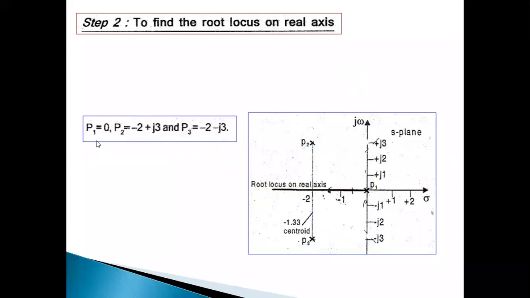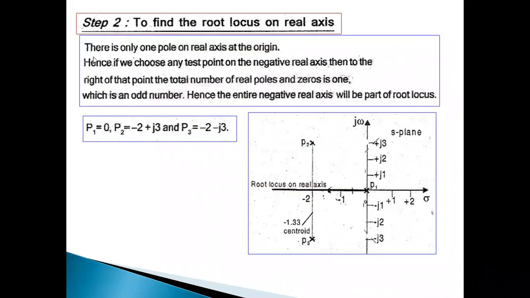So here these are poles P1, P2, P3. We have already denoted them in the S-plane, meaning the real axis and imaginary axis. There is only one point on the real axis, at the origin. Hence, if we choose any test point on the negative real axis, then to the right of the point the total number of real poles and zeros is 1.